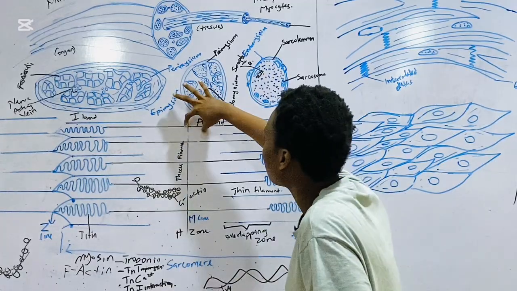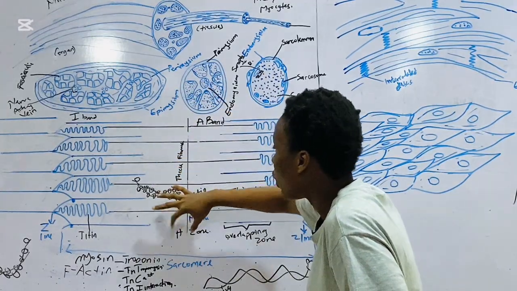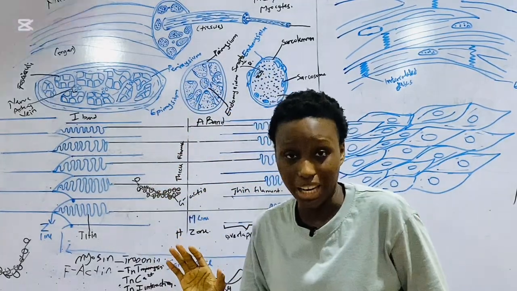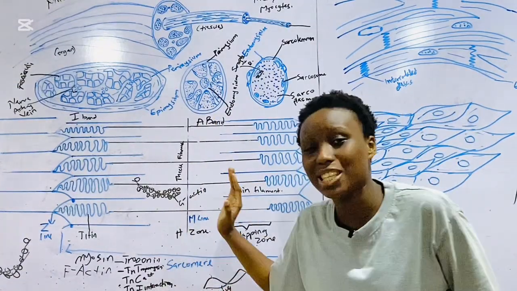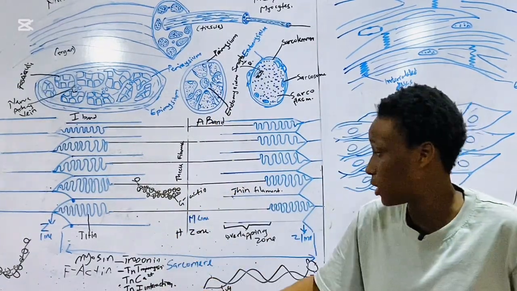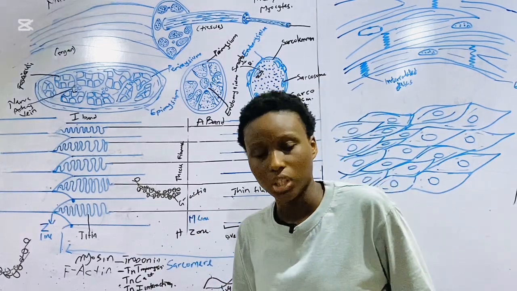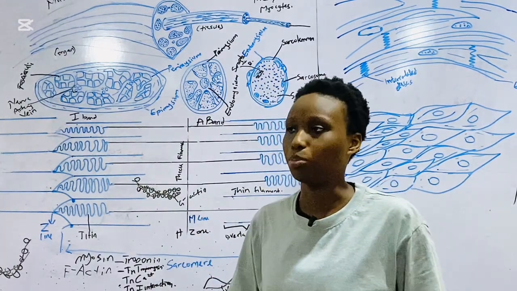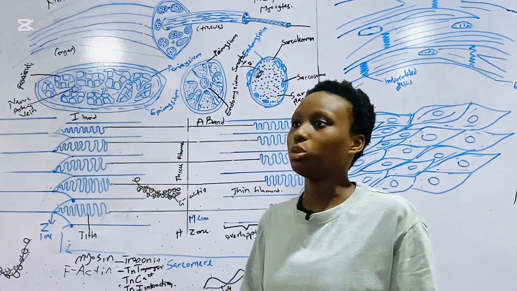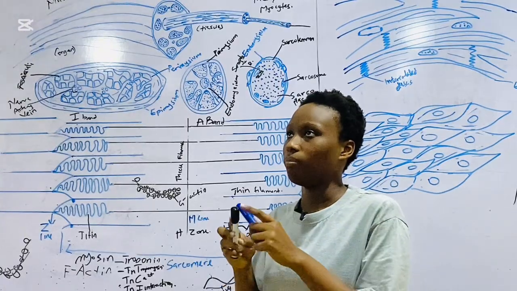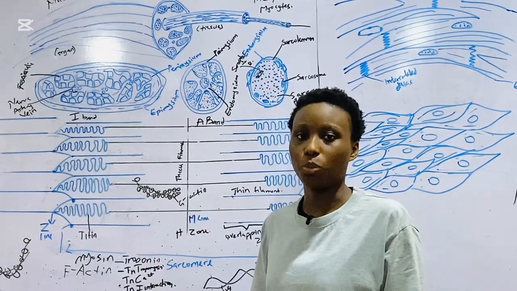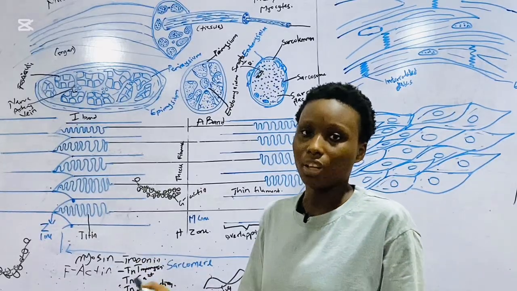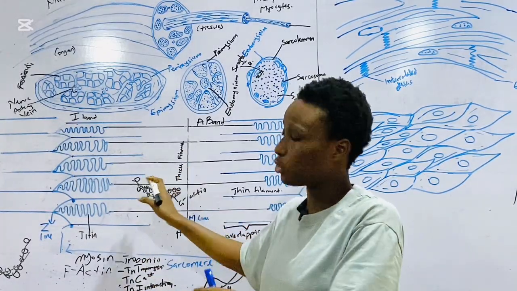As the sarcomere shortens and the thin filament goes inside, there's going to be a small space in the middle where the thin filament does not overlap with the thick filament. That part is what we call our H zone. Histologically, this is important because if you see a slide of such high magnification that you can see the sarcomere, you will be able to differentiate the thick bands from the thin bands.